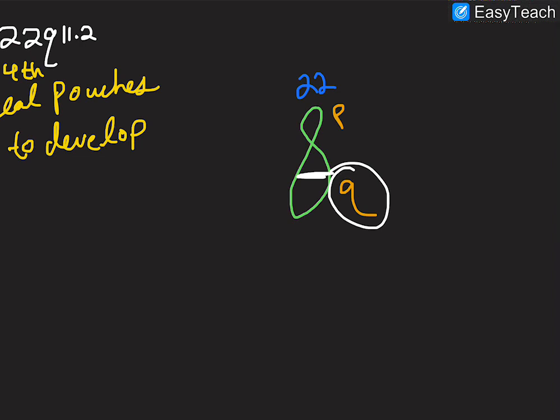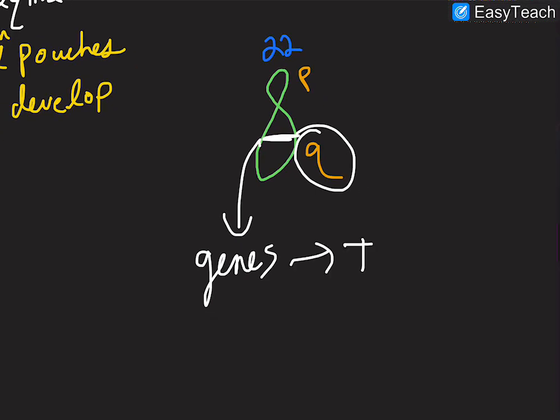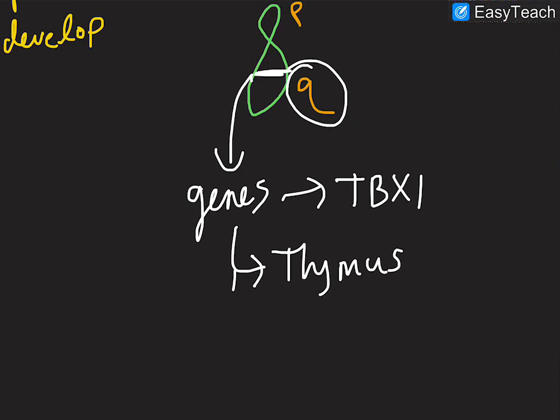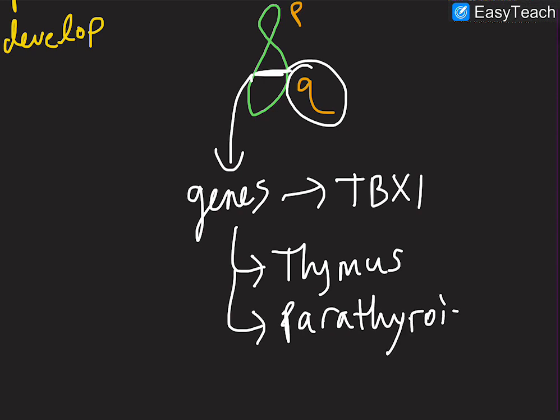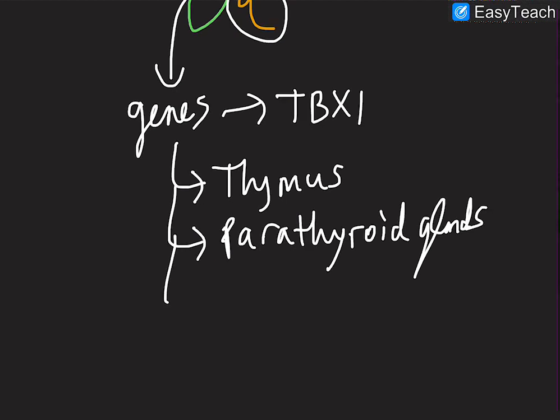Now, this band contains certain genes, one of those genes being TBX1. The TBX1 gene is really important for the development of your thymus gland, your parathyroid glands, your heart, and certain facial structures.